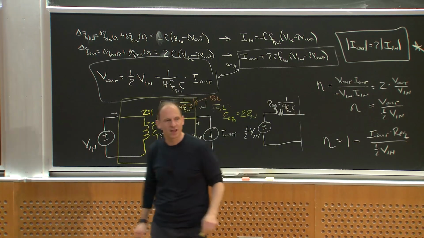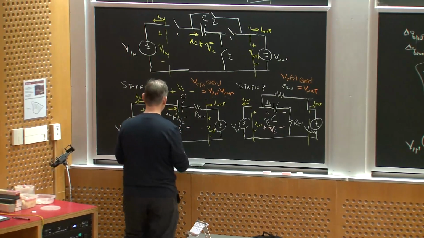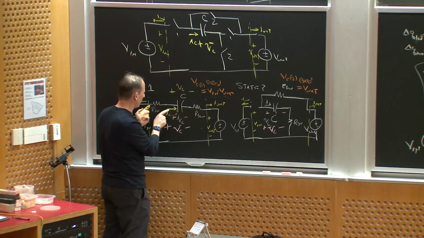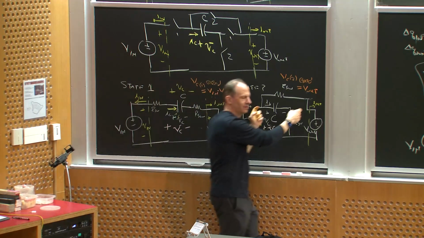Okay? Well, that actually kind of feels good in some sense, because if you think about it, in either of these two states, I'm always dumping current through two switches, right?